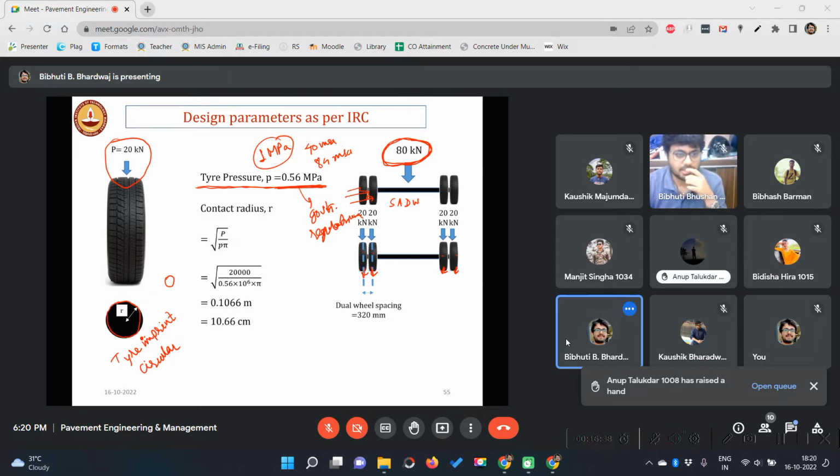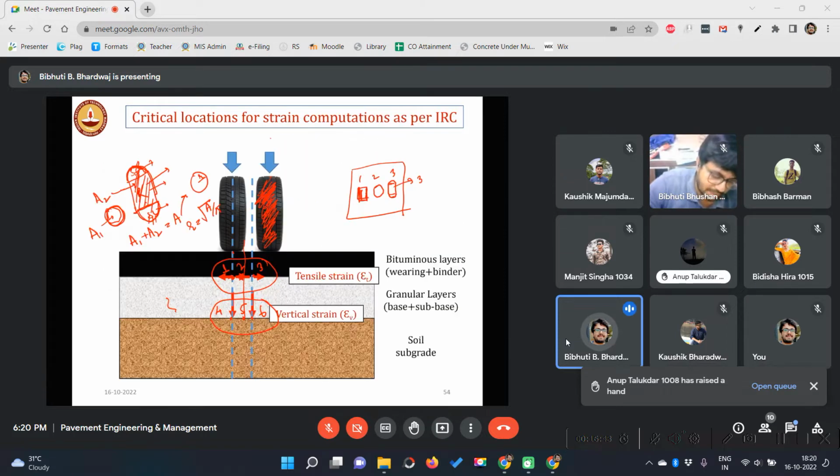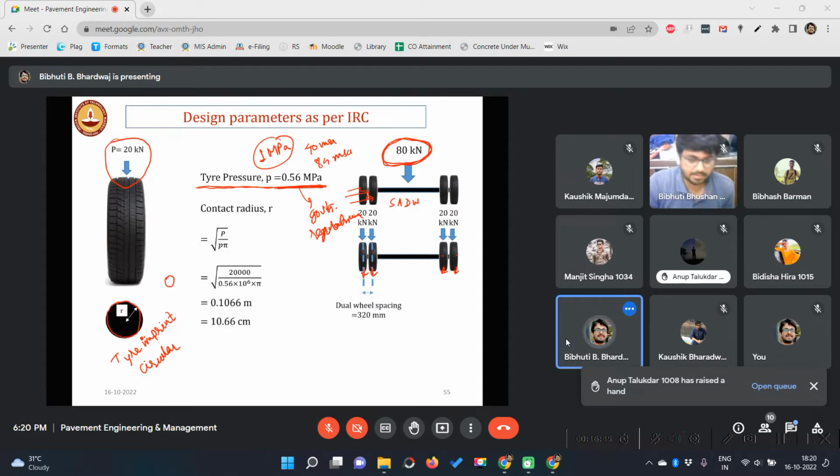But why do people generally go for higher tire pressure? What is their advantage? Sir, the fuel economy is better. Fuel economy is better. And why do you think so? Sir, because of the elasticity of the wheel, the higher the tire pressure is, it is easier to drive the vehicle. Yeah, so lesser friction. You feel less friction because the area is reduced now, and because of that, the vehicles will go faster.